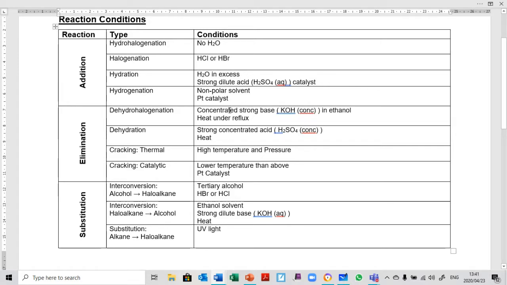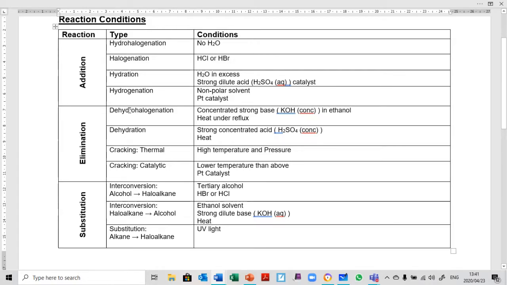If I want to make an alcohol, I need a dilute base because I need lots of OHs and lots of water. That's how I get the alcohol. But if I just want to take the hydrohalo off and don't want to add anything, then I need a concentrated strong base.